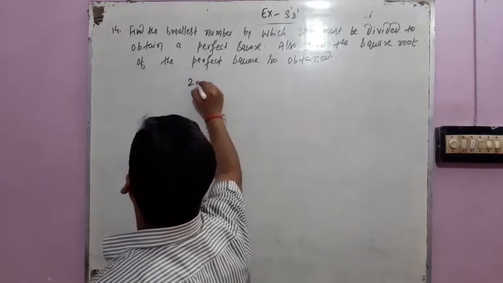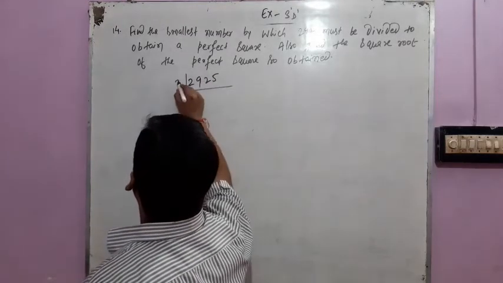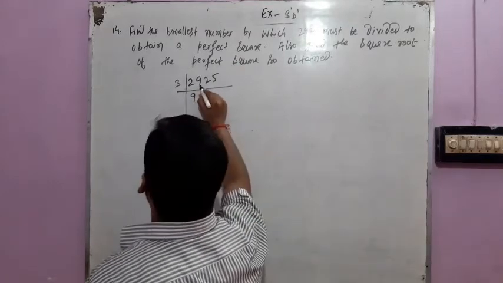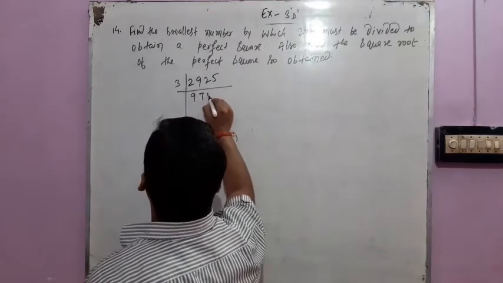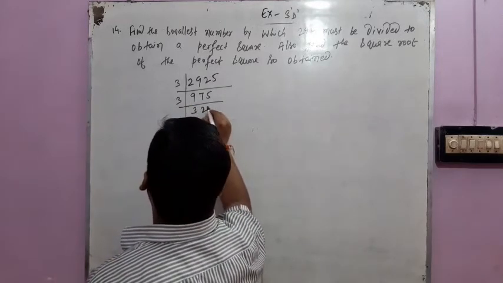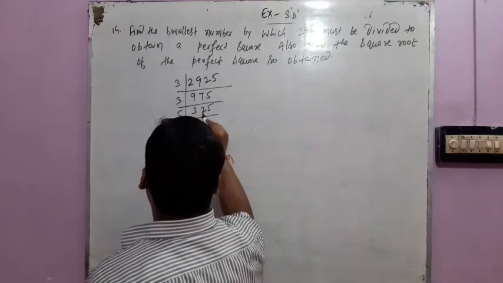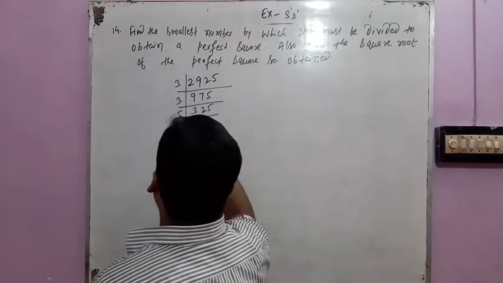For that, first we have to prime factorize 2925. 3 9s are 27, 3 7s are 21, 3 5s are 15. Again with 3, 3 3s are 9. Again with 5, 6 5s are 30, and 5 5s are 25.